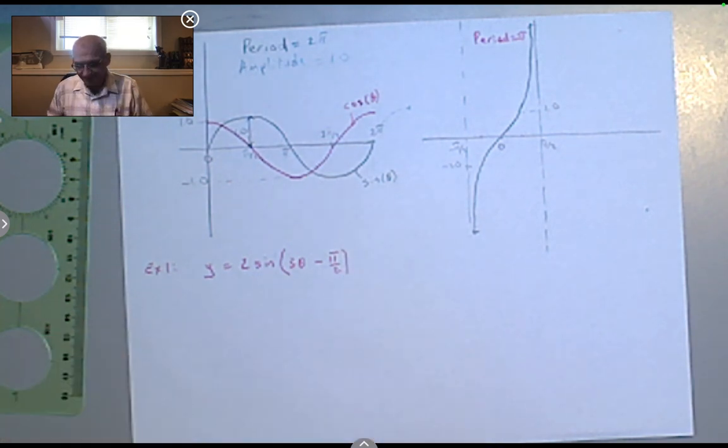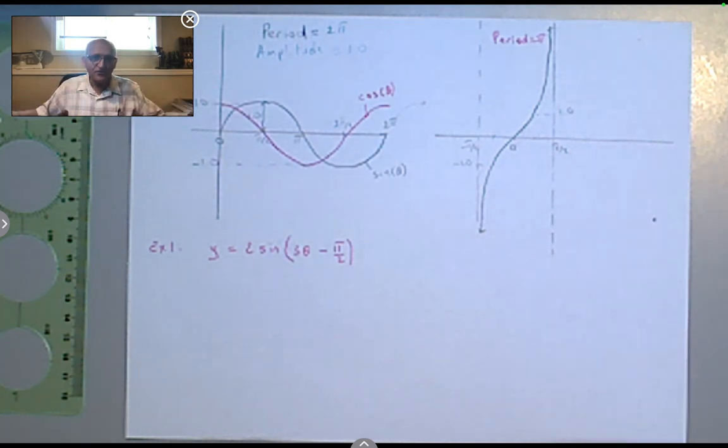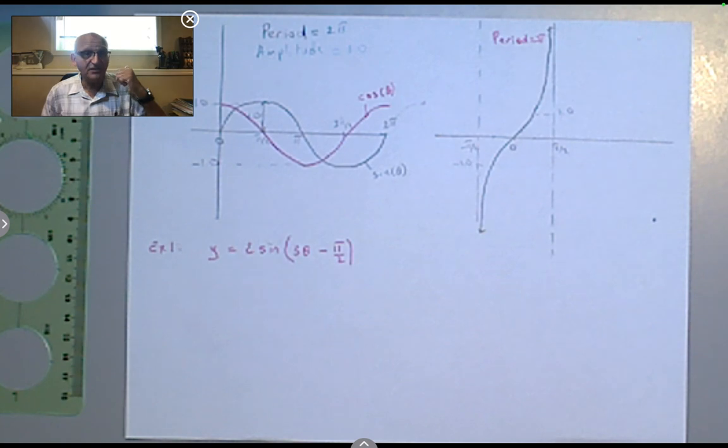I know, when you study this at school, they give you a formula, A is the amplitude and whatever. We are going to use the same logic we had before.